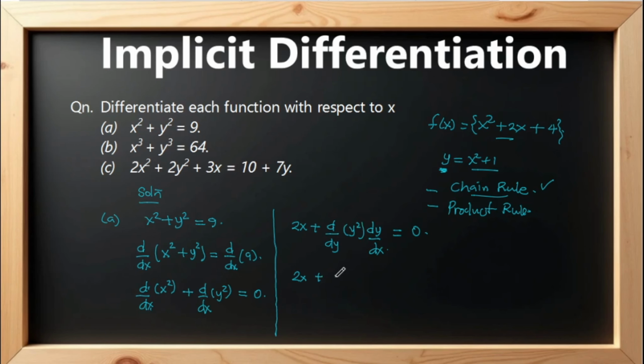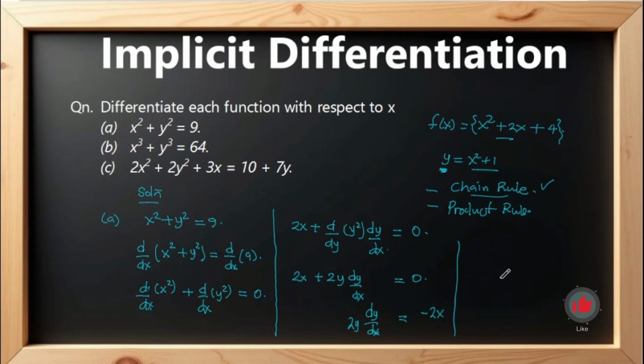The derivative of y raised to 2 is 2y, then with our dy dx attached to it, so this is equal to 0. So our main aim is to isolate this dy dx alone. So we can collect like terms, taking 2x to the other side. So our dy by dx with our 2y attached to it equals negative 2x.